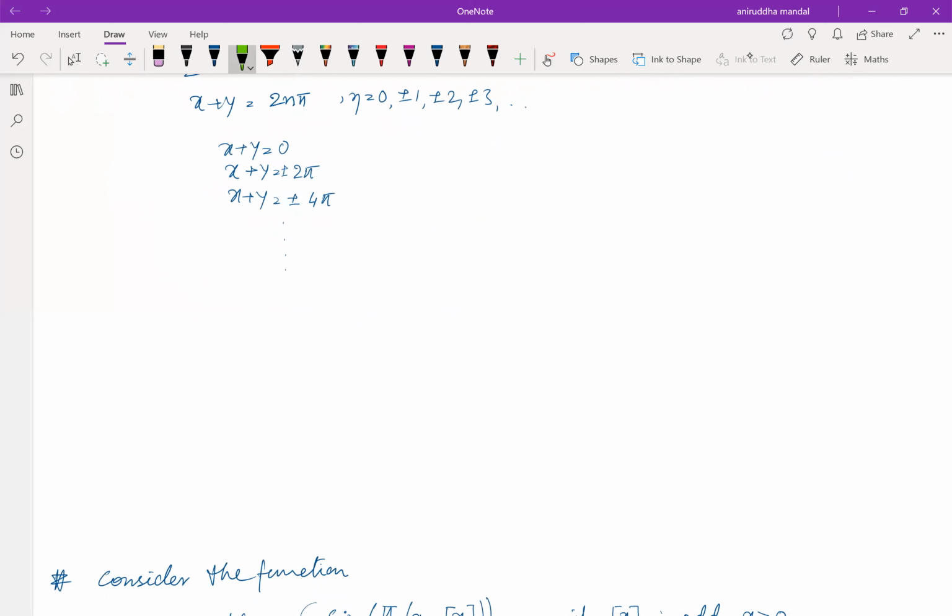If we plot these equations, say for the first equation we have x + y equal to 0. This means the graph passes through the origin with a slope of -1.